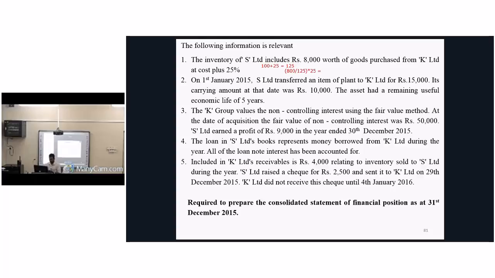So how much? Just see. 8,000 divided by 125 times 25 means unrealized profit is 1,600. This is my unrealized profit.